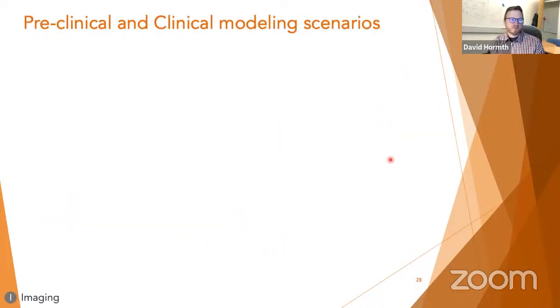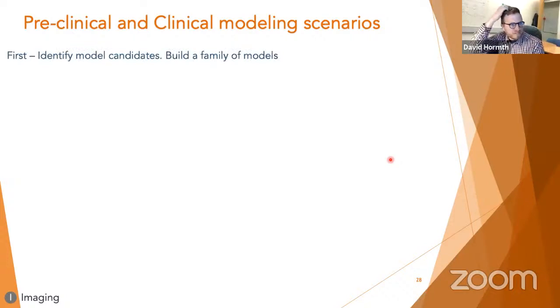For both of these projects, we're going to follow a very similar template for building our families of models and evaluating the accuracy of these models. The first thing we do is identify model candidates. So a couple slides ago, we saw that there are these 5 R's of radiobiology, these hallmarks of cancer. There's just a plethora of things that we can throw into models to maybe describe tumor growth.